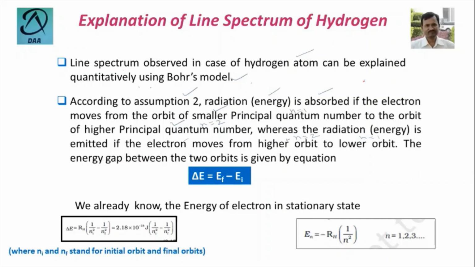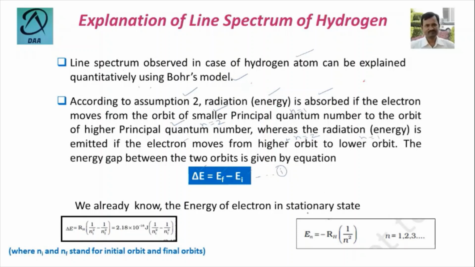So in this case, the energy gap delta E will be denoted by EF minus EI, where EF is for the final state and EI is for the initial state. So we have one equation: delta E is equal to EF minus EI.